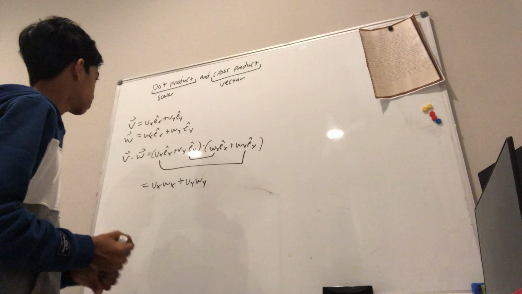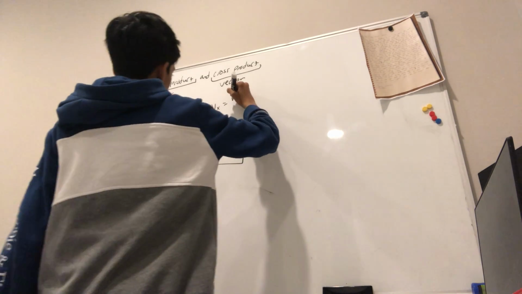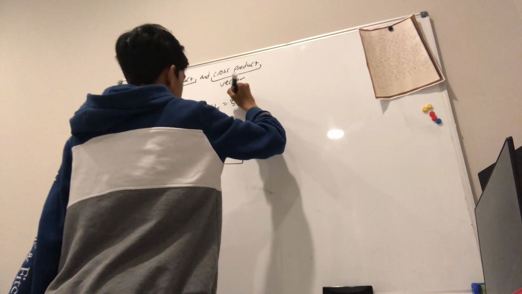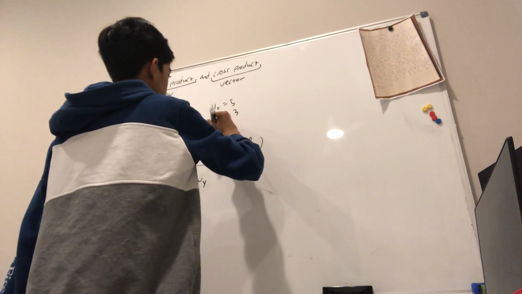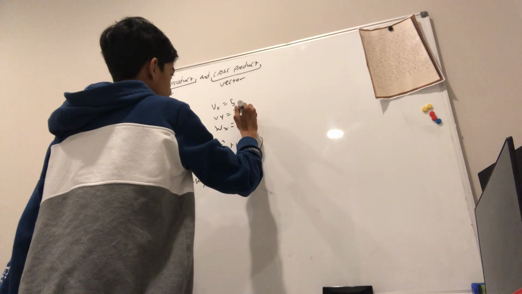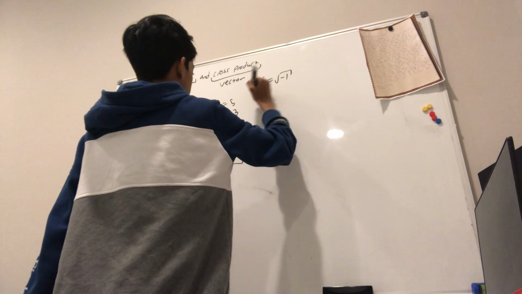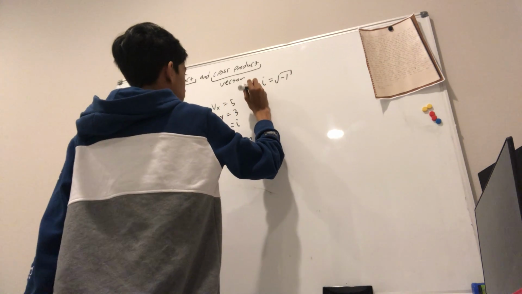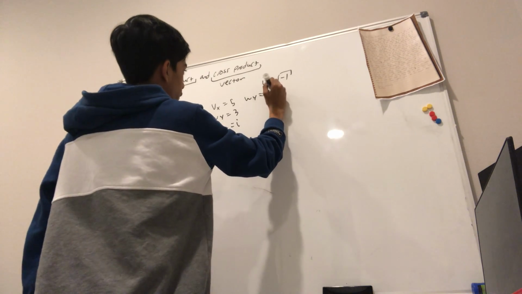So let's give an example. Let's say vx is equal to 5, vy equals 3, wx is equal to i, where i is equal to the square root of -1, and wy is equal to 4.